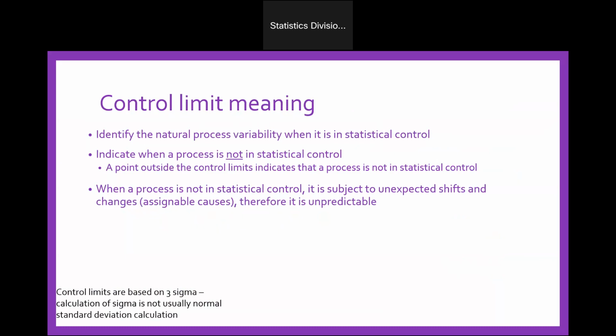So when it's not in control, there are generally points outside the control limits and it's less predictable. The control limits are generally based on 3 sigma, and we usually mean sigma to mean the standard deviation, but with control charts, we usually use a slightly different calculation of sigma than the normal standard deviation calculation. So you'll see that in next slides.